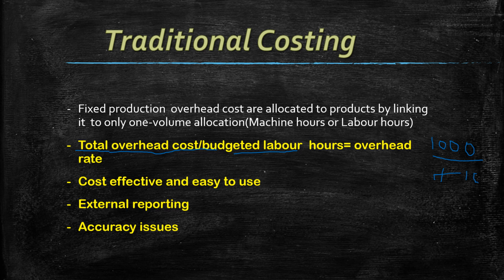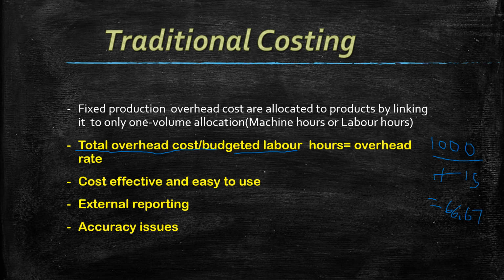So now if you hit on the calculator there, you will find that our overhead rate will be 66.67. So this is how we allocate a cost in a traditional system, right?